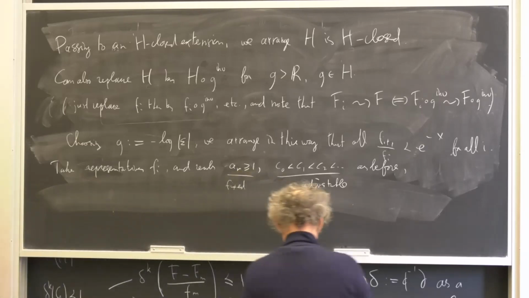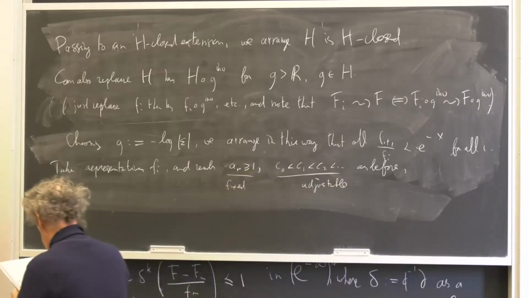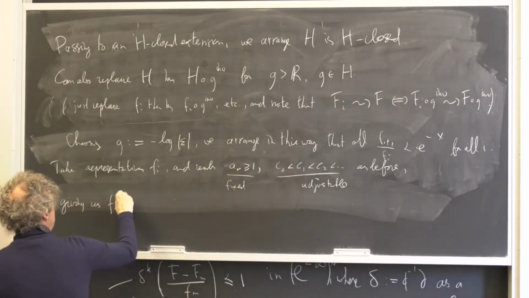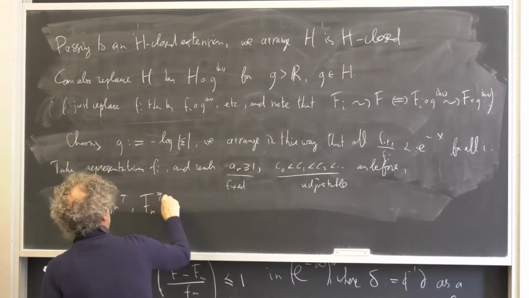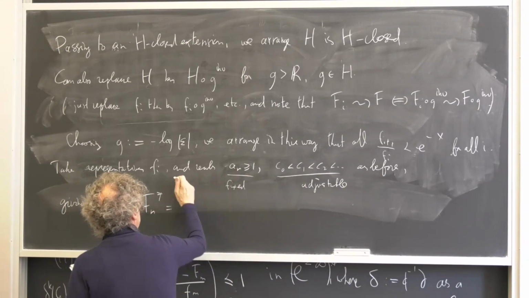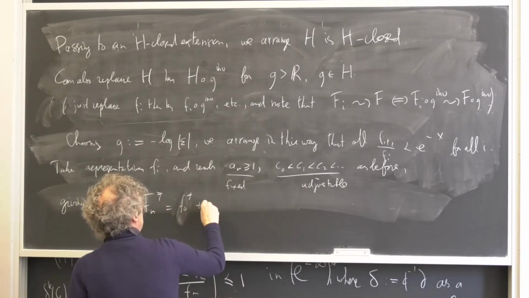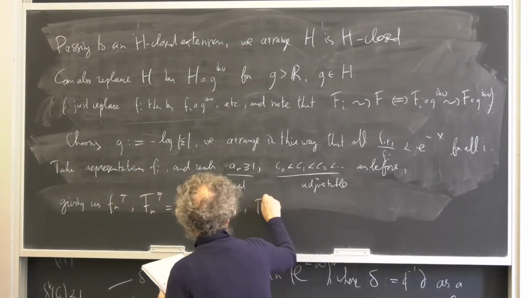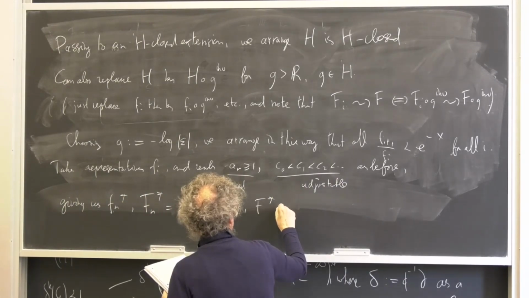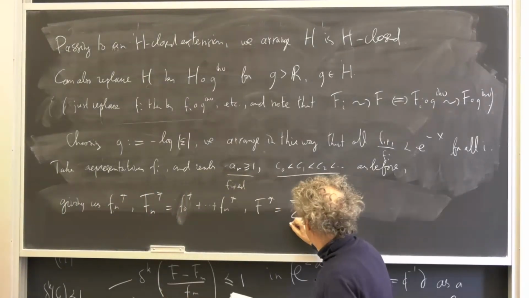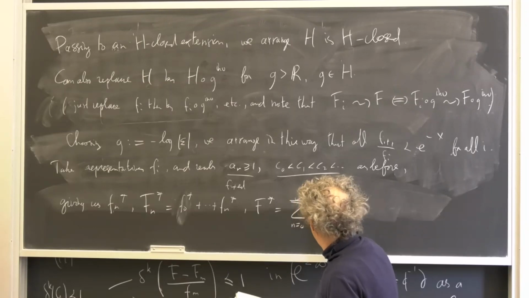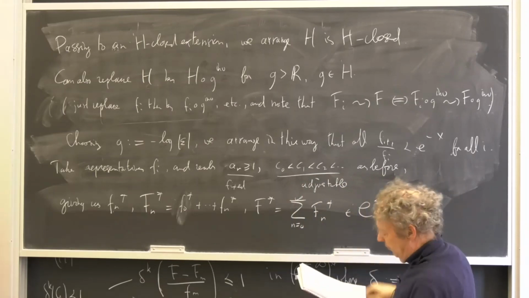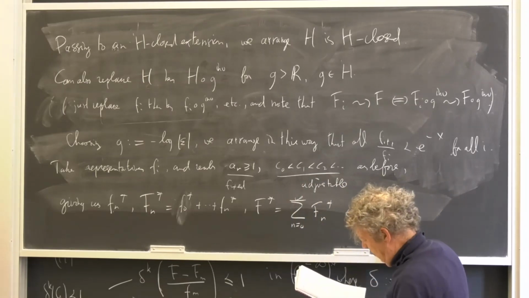As before, and such that, giving us Fn star is F0 star plus, before, the actual sum for n from 0 up to infinity, f star now element of C infinity.